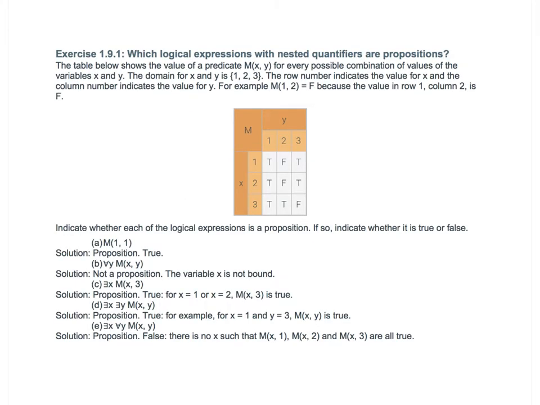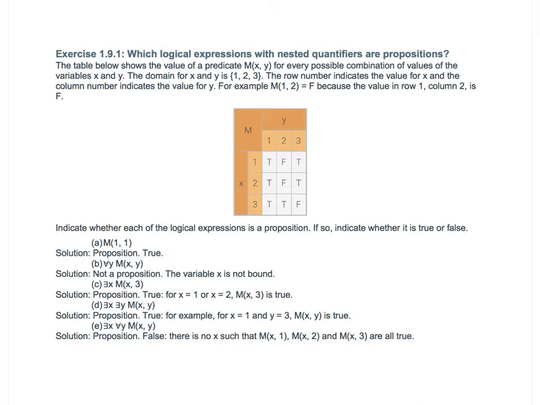So let's see an example of nested quantifiers and see how we can specify the truth value of a logical expression with different quantifiers. Let's assume that m of x and y is a predicate with two variables x and y, and then x and y, each one of them can be replaced by one of the numbers 1, 2, or 3.